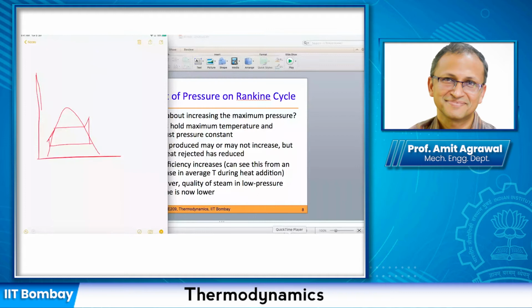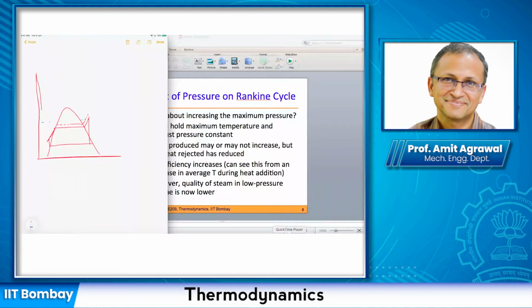Now what we want to do is look at a higher pressure, so maybe we want to go to this level. And on this side, we are going to move like this. Maybe use a different color. What we would like to keep constant here is this temperature.